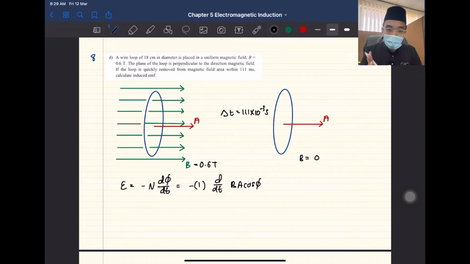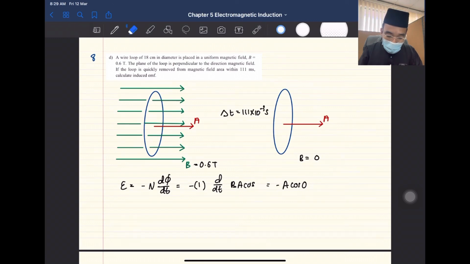In this case, the magnetic field changes, B changes. The others are constant, so you can bring them to the front. So it will be negative A cos theta. Not cos phi, cos theta. Cos 0 degrees. And then the magnetic field will be final minus initial over delta t, the time taken.